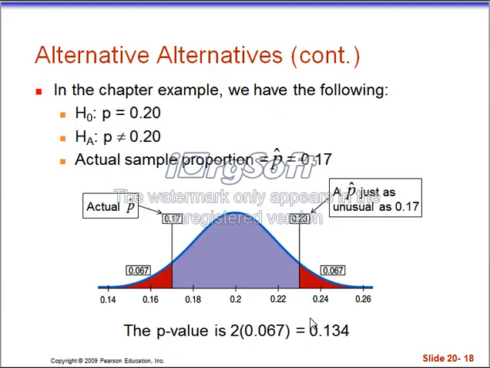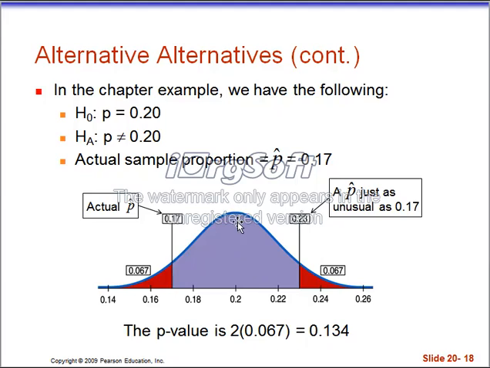In this instance right here with this test, we would fail to reject. There are only two things we can do in statistics as a conclusion: reject or fail to reject. If the p-value is below alpha, alpha in this instance being 0.05, which is what we would assume here, we would reject. If it's above 0.05, we would fail to reject.